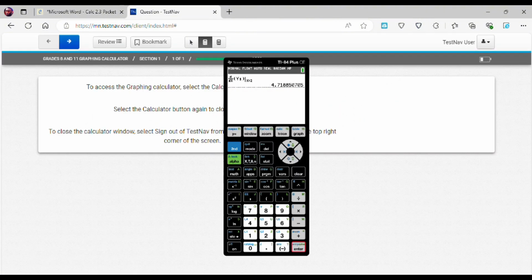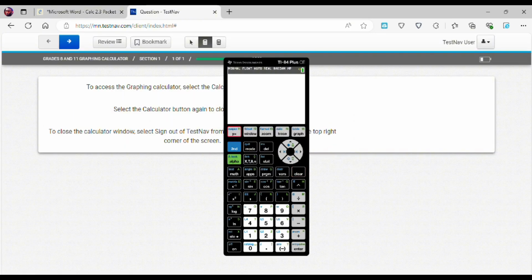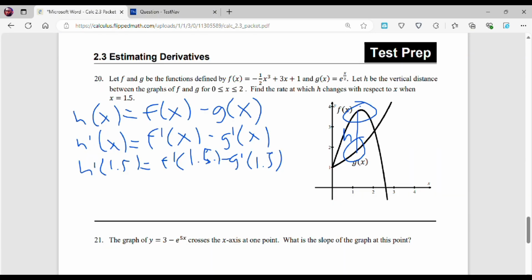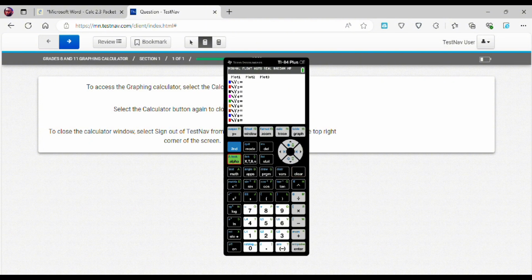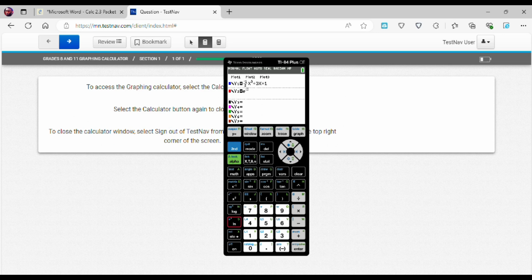Alright, well, looks like we gotta use our calculator here. So f is negative 1/2 x cubed plus 3x plus 1. Our y2 is going to be our g of x. So g of x is e to the x over 2.